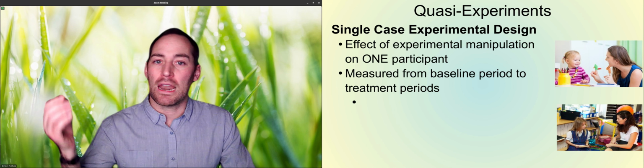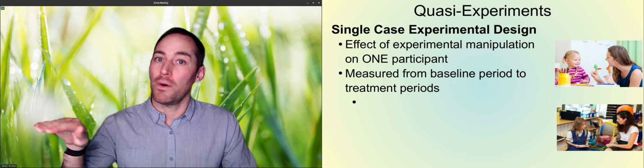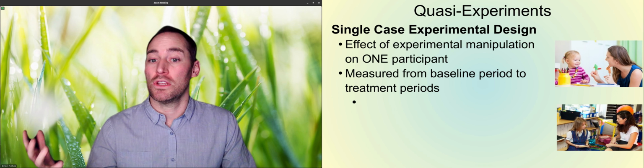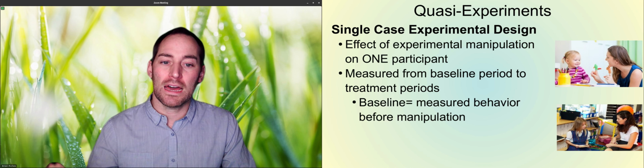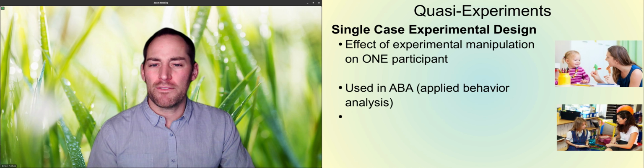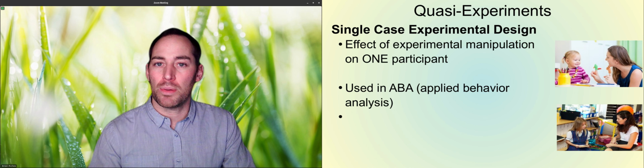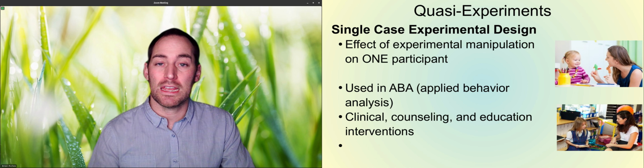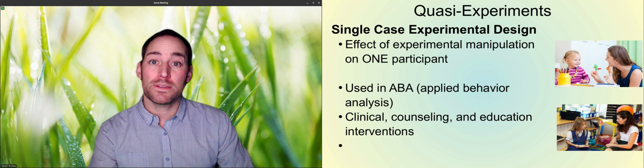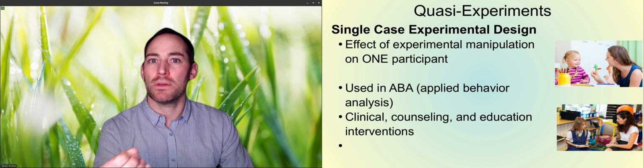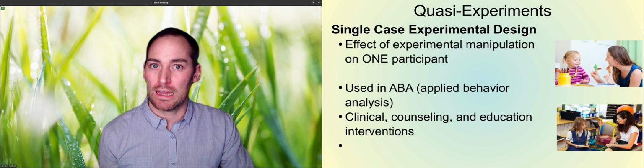We look at a baseline as their level before any kind of treatment, which is basically their own control. So the baseline is a measure of the behavior before the manipulation. This is often used in ABA, applied behavioral analysis. It's also used in clinical and counseling settings or education interventions. So if you have one specific client and you're wondering, will this treatment work to decrease their anxiety?